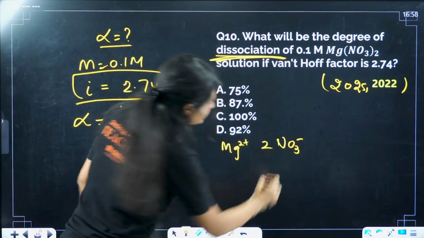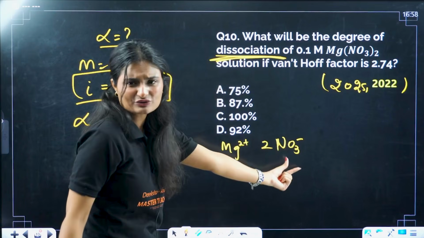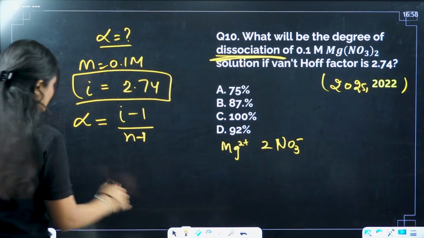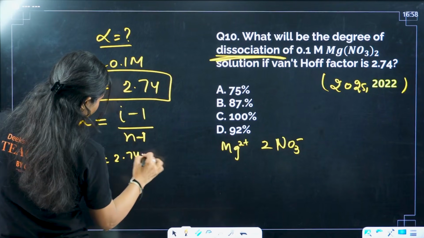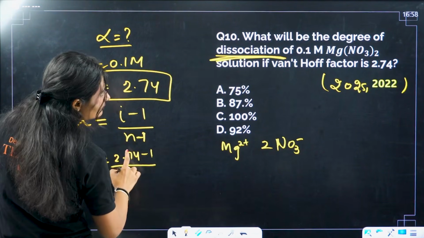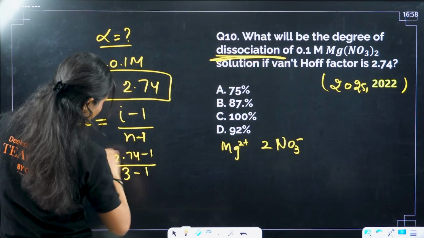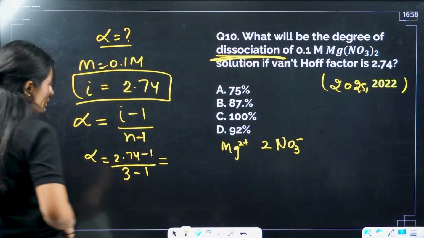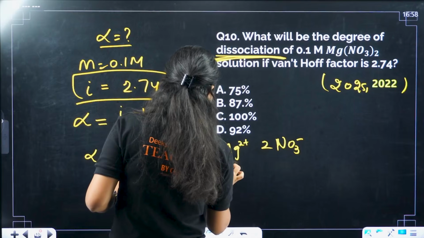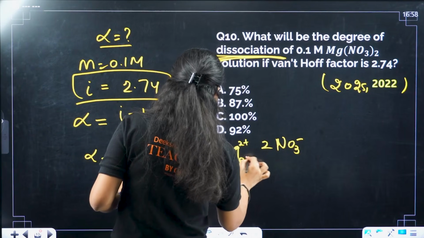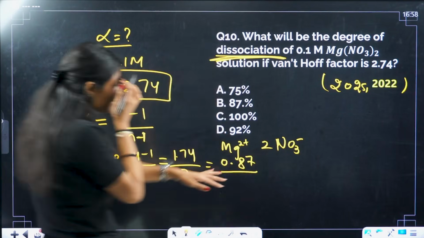So alpha will be equal to (2.74 minus 1) upon (3 minus 1), so 1.74 by 2, which is 0.87.